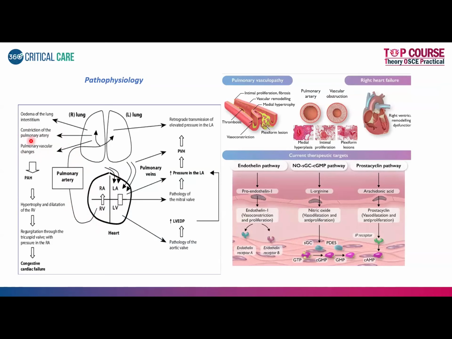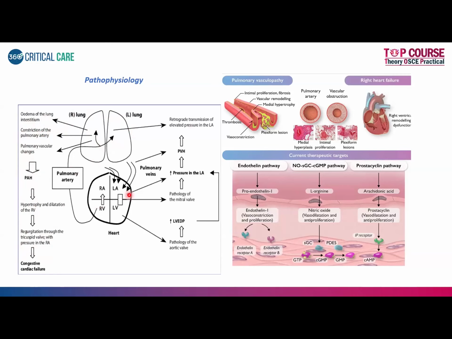All those things worsen the proliferation and the fibrosis, which results in the PH, hypertrophy and dilation of the right ventricle, and further regurgitation of the tricuspid valve, increasing the pressure of the right side, resulting in a congestive cardiac failure. At the same time, there is constriction of the pulmonary artery, and the lung interstitial edema can be present. On the left side, what happens?